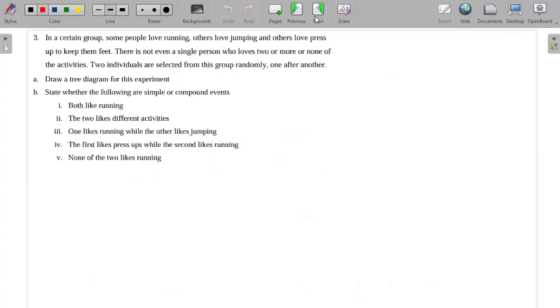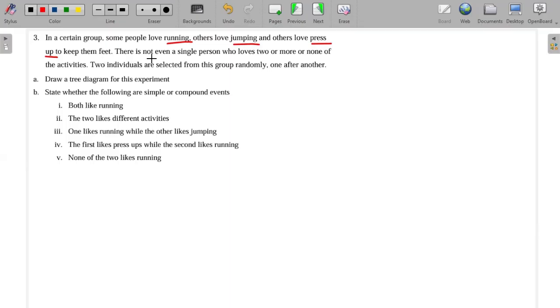Okay, part three still has the same reasoning of the sample space plus the tree diagram and the like. Okay, so let's read the question. So they're saying in a certain group, some people love running, others love jumping, and others love press ups to keep them fit.